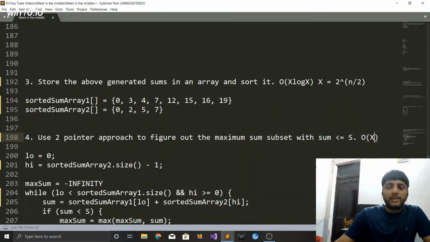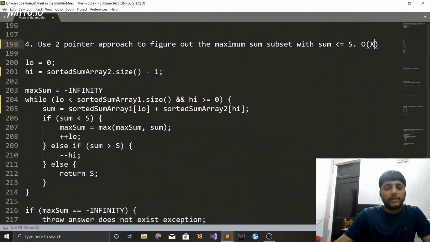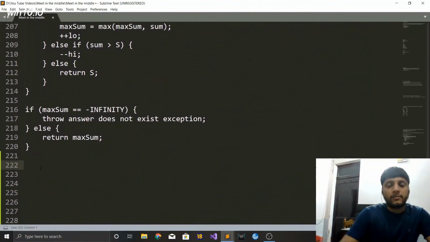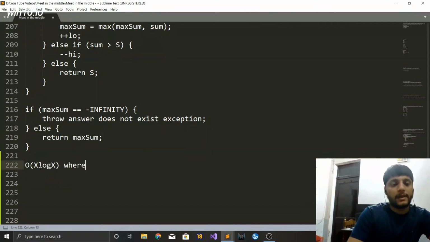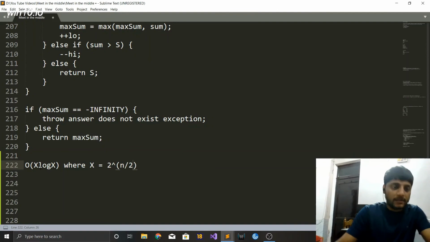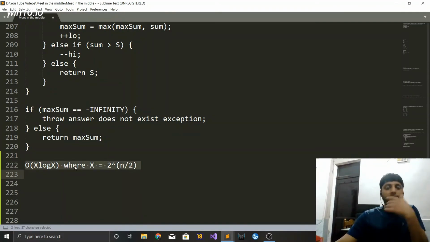So eventually, the bigger term here is this only, order of 2 raised to power n by 2 log 2 raised to power n by 2. So that is your time complexity. So eventual time complexity is this order of, like, again, I can write x log x, where x is this. I'm writing this to make it a bit clear, like the time complexity.